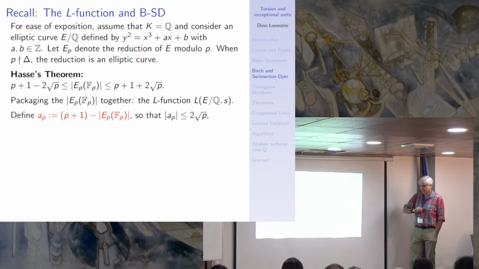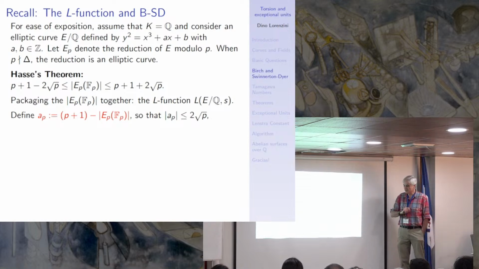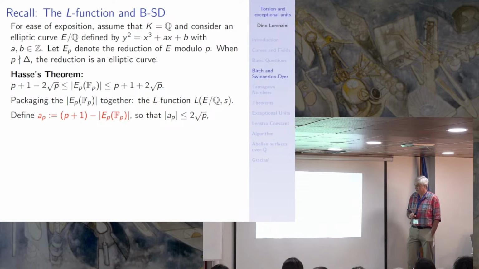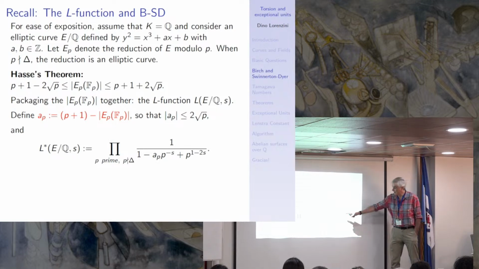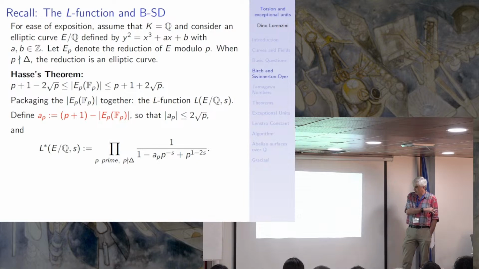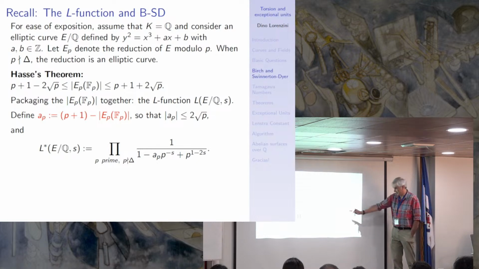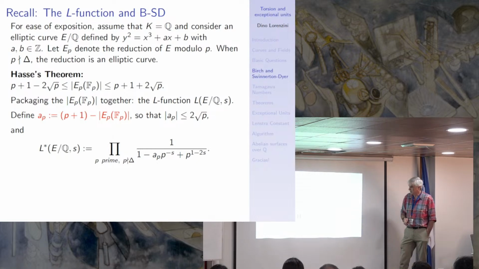Let me just go through an unmotivated definition of the L function. So a_p is going to be p plus 1 minus the number of points mod p. And you define a product over all primes of a quantity that comes from the characteristic polynomial of Frobenius, but you can just write it like this, right? If I'm thinking of people who have never seen it, they can take that as a definition.